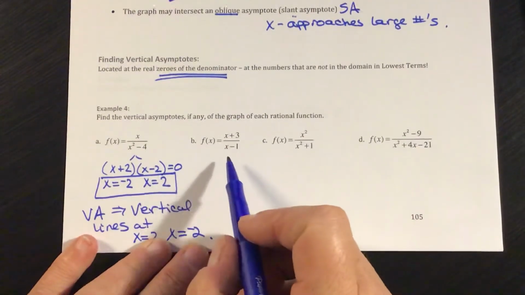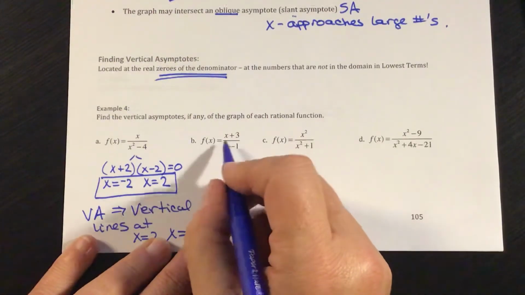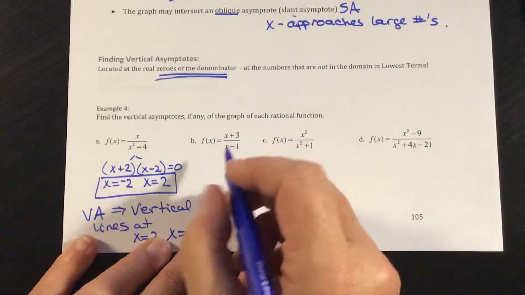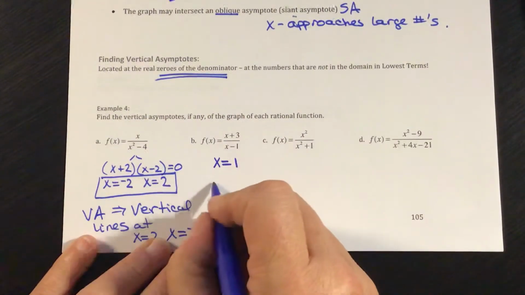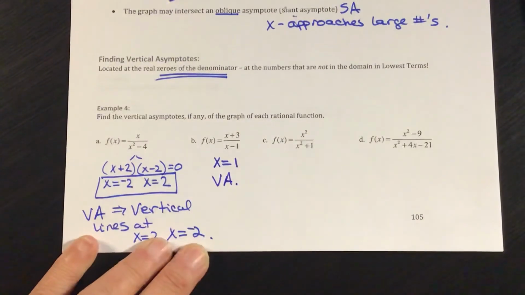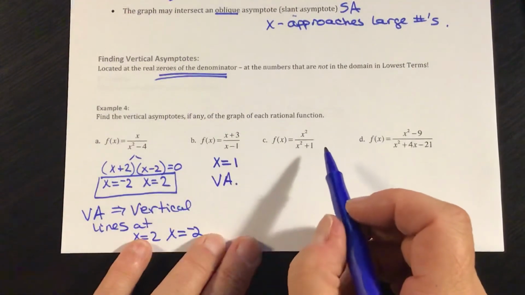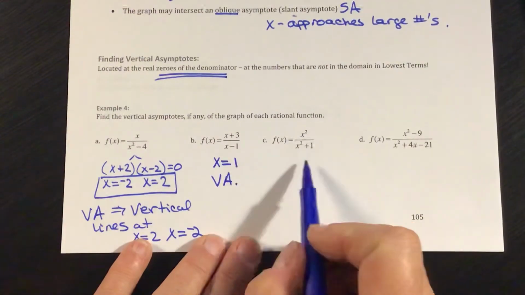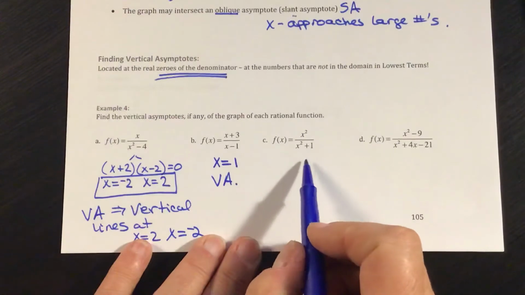On part B, I have a 0 at 1. So at x equals 1, I'm going to have a vertical asymptote. Okay. Part C. Now notice on part C, I can't factor this.